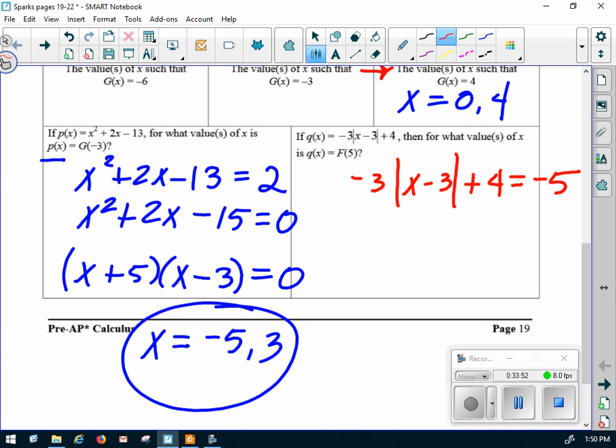Get the absolute value bars by themselves. Isolate them. Equals what? Yep.